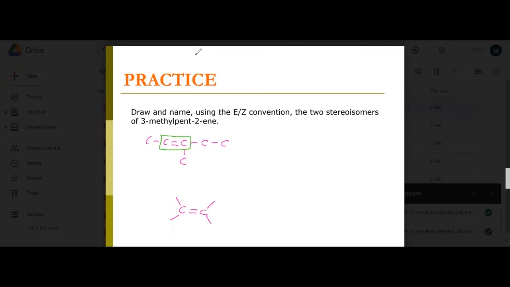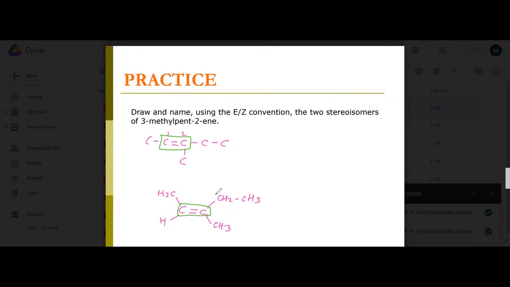This is the first C, this is the second C of the double bond. The first C is connected to one CH3 and one H. The second C is connected to ethyl, CH2CH3, and methyl.